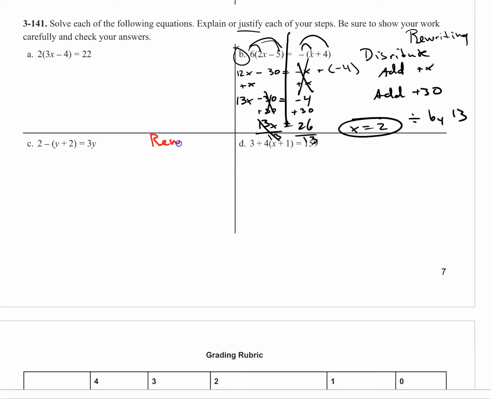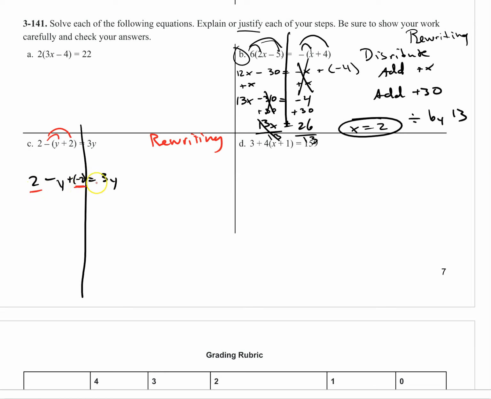Solve by rewriting. Distribute the negative sign, 2 minus y plus negative 2. So it becomes negative y and negative 2, and that's equal to 3y. I do have to combine like terms here. These are like terms. I have a 2 and I have a negative 2.